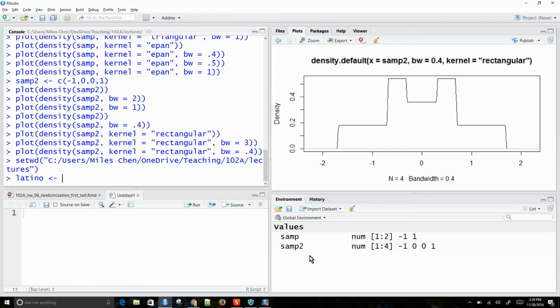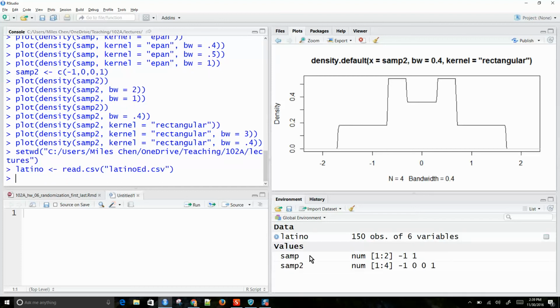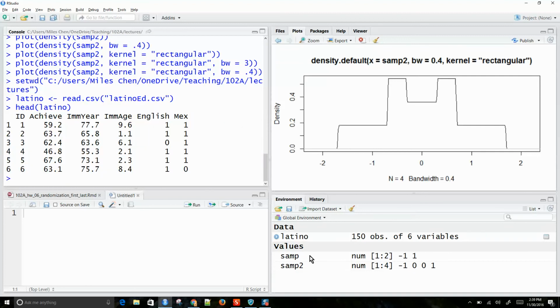We do read.csv, and it's called latinoed.csv, I believe. Okay, so that's loaded up there, and our achievement levels are stored right there.